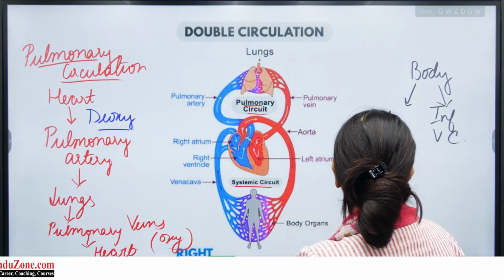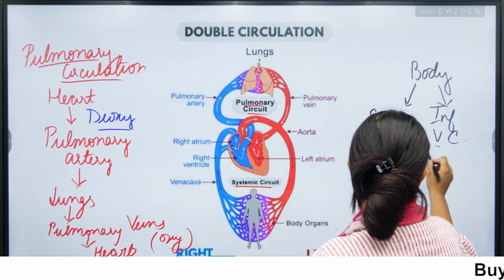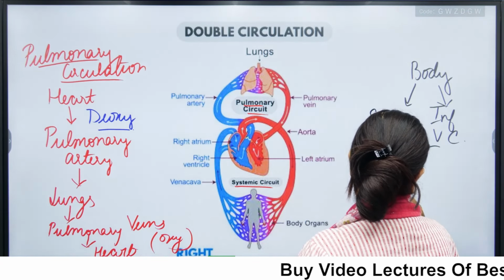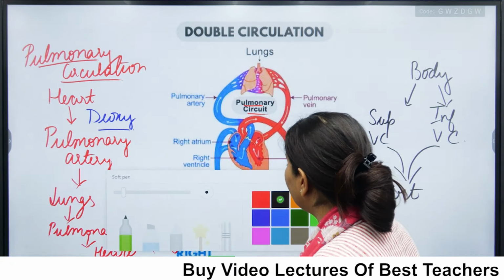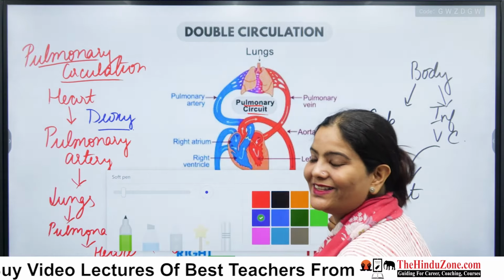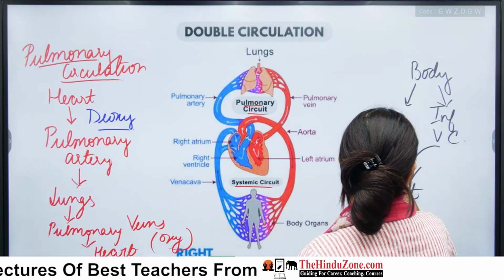Then through the inferior vena cava and superior vena cava, the blood is now into the heart. So beta, this blood is deoxygenated blood, right?